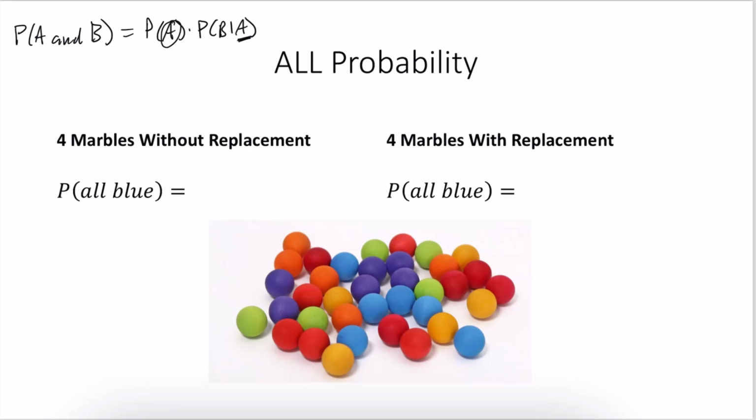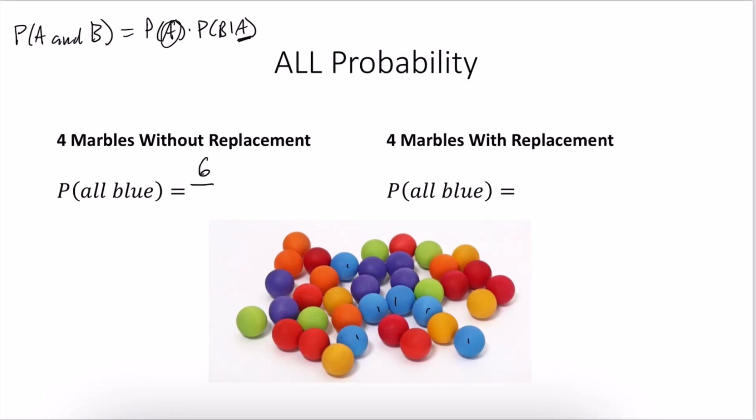So to do this, in this situation where we have a whole bunch of marbles, we first need to figure out what the probability is of the first marble being blue. So in this situation, we have 1, 2, 3, 4, 5, 6 blue marbles. So that will be the number on the top.